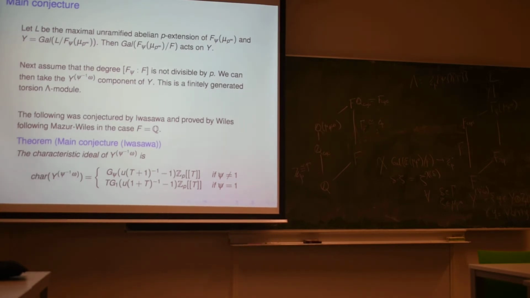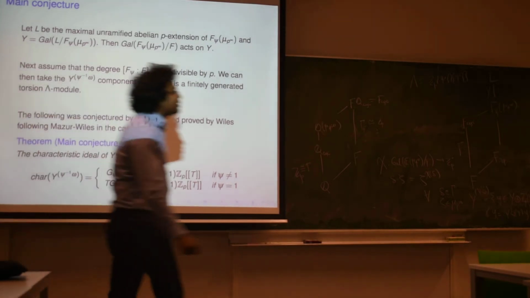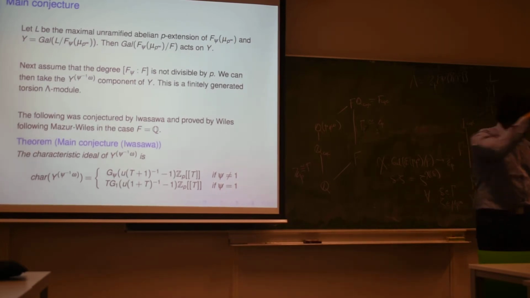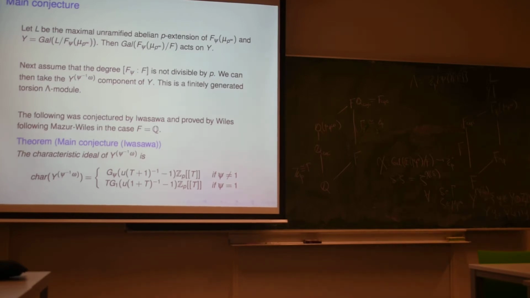Because u lies in 1 plus pZ_p, this makes sense: substituting that instead of the variable gives you a power series in t. Okay. So there is this twist that comes in. This is similar to the fact that the information about A_i was contained in zeta of 1 plus i minus p.